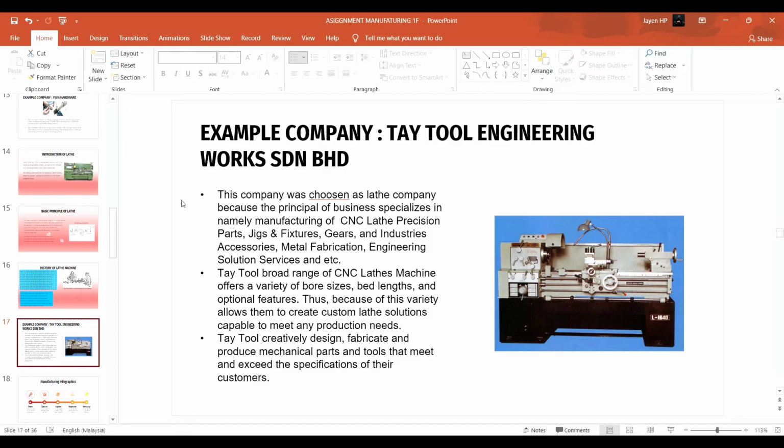This company was chosen as the lathe company because their business is specialized in manufacturing of CNC lathe precision parts, jigs and fixtures, gear and industry accessories, metal fabrication, and engineering solution service, and a broad range of CNC lathe machines offering a variety of bore sizes, bed lengths, and optional features.